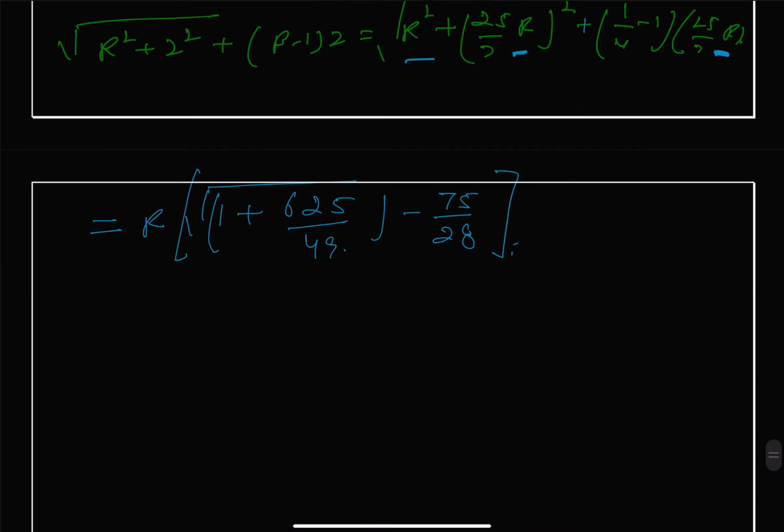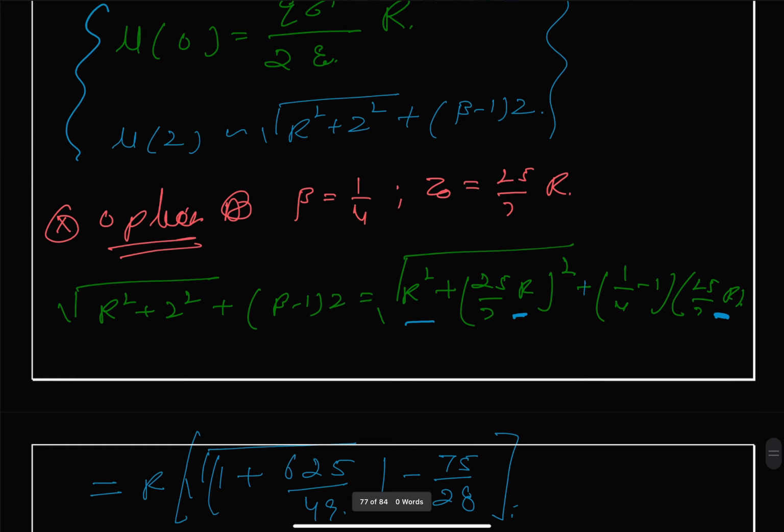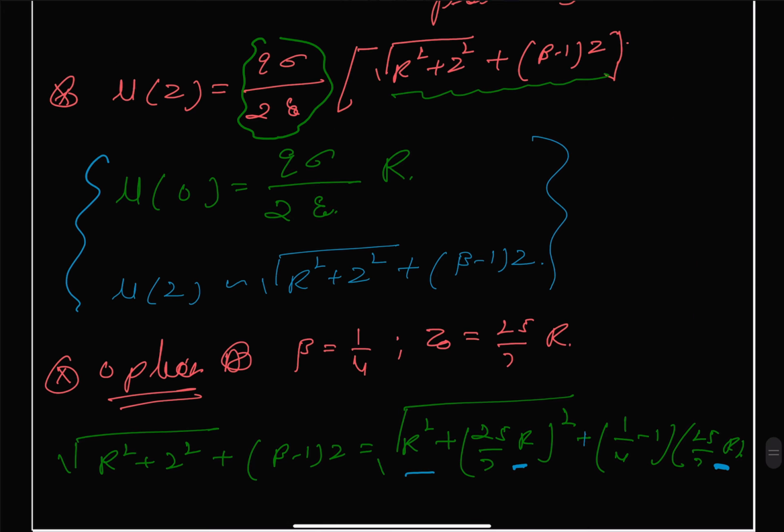And we can just approximate it. This will be coming as r over 3.72 minus 2.68, which is coming as r equal to 1.04. And in the second case, we can say our u naught is approximately equal to r.